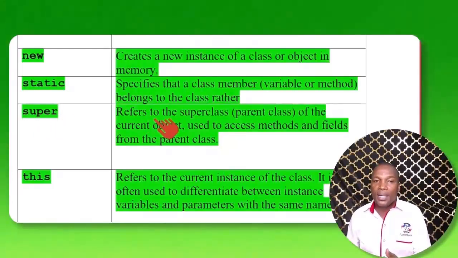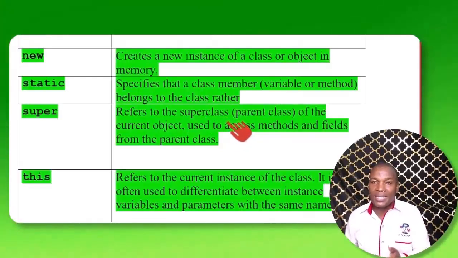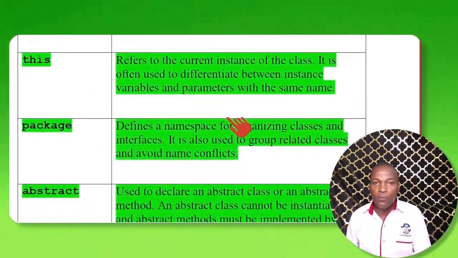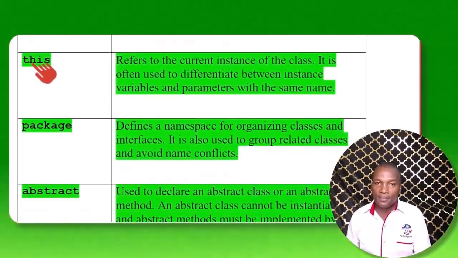Super is giving a parent class. We call it superclass. We may also call it a base class. And of course, during that time, we shall also look at what we call the child class, the subclass, or derived class.